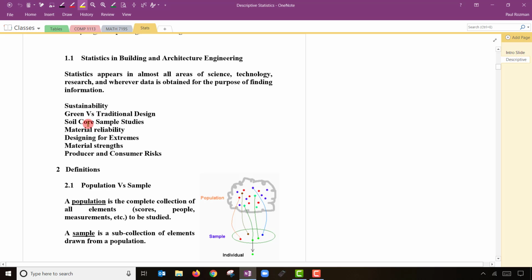Looking at soil concentrations for designing your site, reliability of materials, designing for extremes, that 1 in 500 year flood or the 1 in 100 year earthquake. Material strength, certainly. And then in a manufacturing context, we have producer and consumer risk analysis. We'll basically talk about these sort of applications as we go along. Right now, we're just getting our feet wet with the basics of statistics.